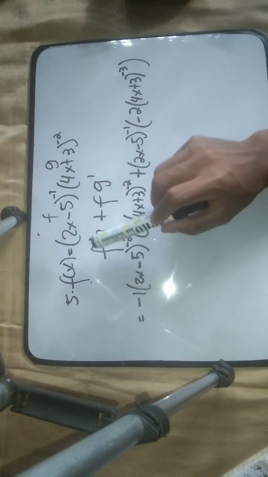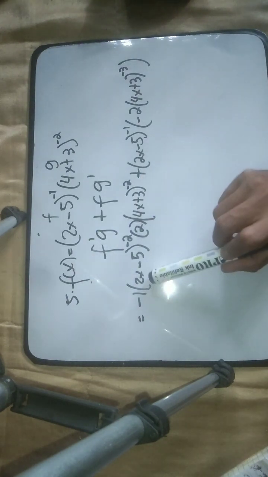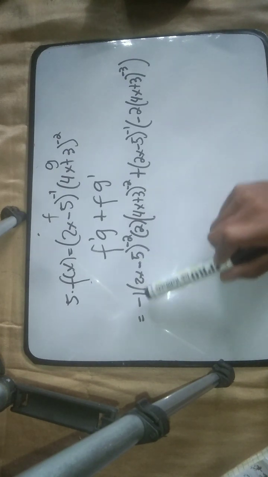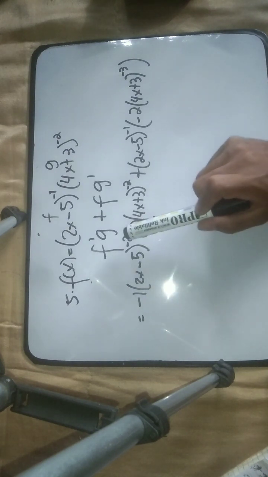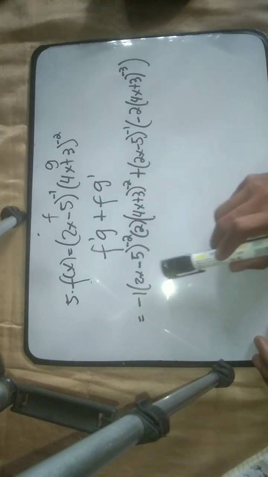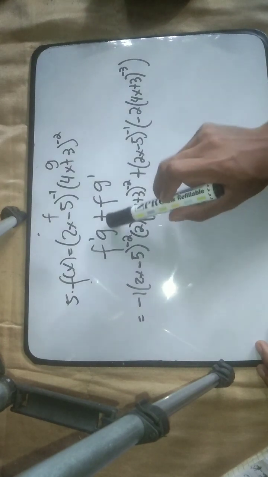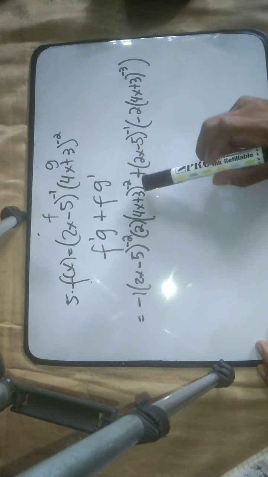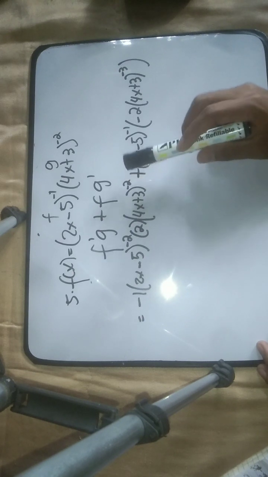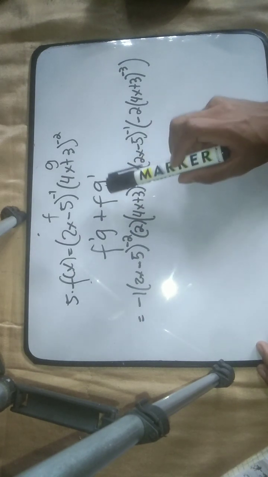So the derivative of f is, using the chain rule, negative 1 times 2x minus 5 raised to the power of negative 2 times the derivative of this function, 2, multiplied by g. Our g is 4x plus 3 raised to the power of negative 2, plus the f.